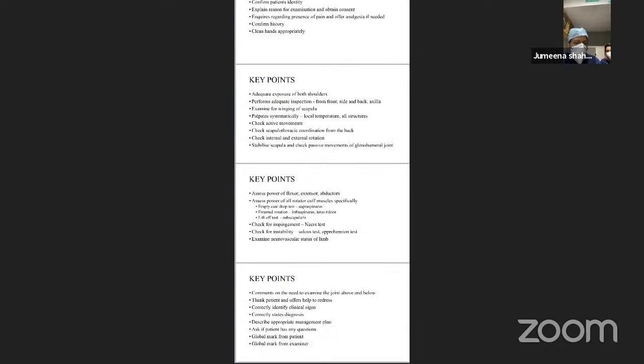Next is looking for power of flexors, extensors, abductors. So how was the flexion of shoulder joint? How can you examine for flexion of joint? Actually, when we are asking, we'll ask the patient to actively raise the hands till he can reach the ceiling.